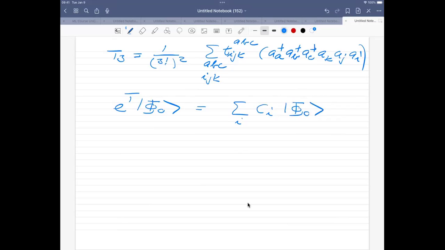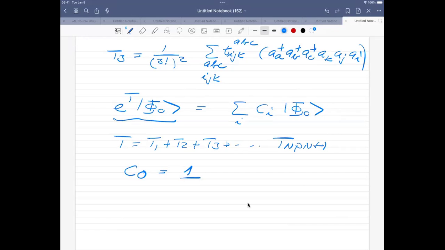When I now expand this term, I can regroup it in terms of different types of excitations: T1 plus T2 plus T3, etc., up to T n, n-particle n-hole. This means that if I look at this term C0 and I perform the exponential development as a Taylor series, C0 comes from my FCI case.